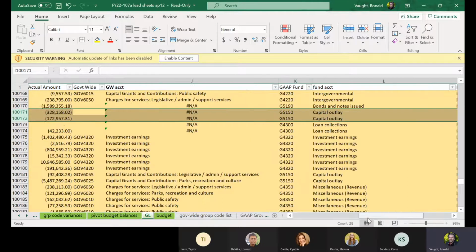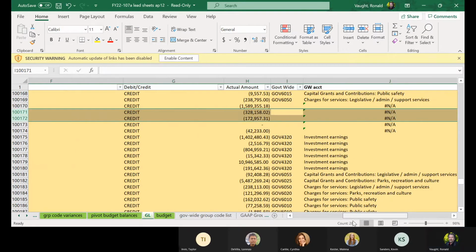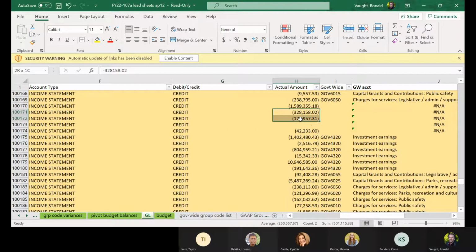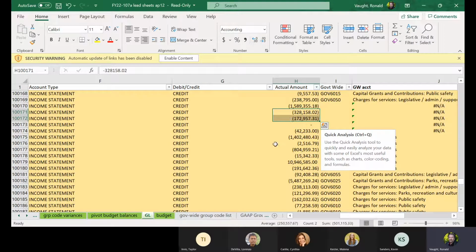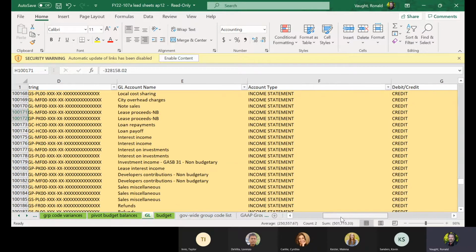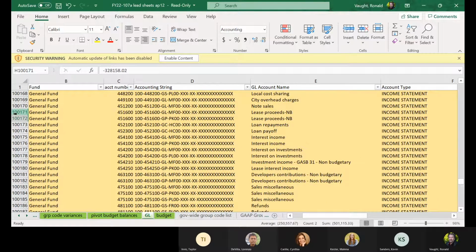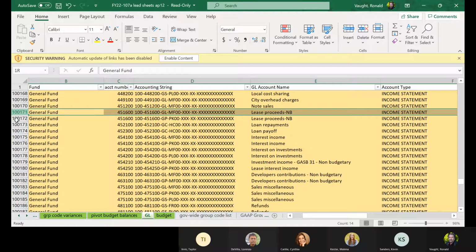So here's an example. In this case, it's 501,000, which is right about the amount that I'm off. So what account is that? It is lease proceeds.